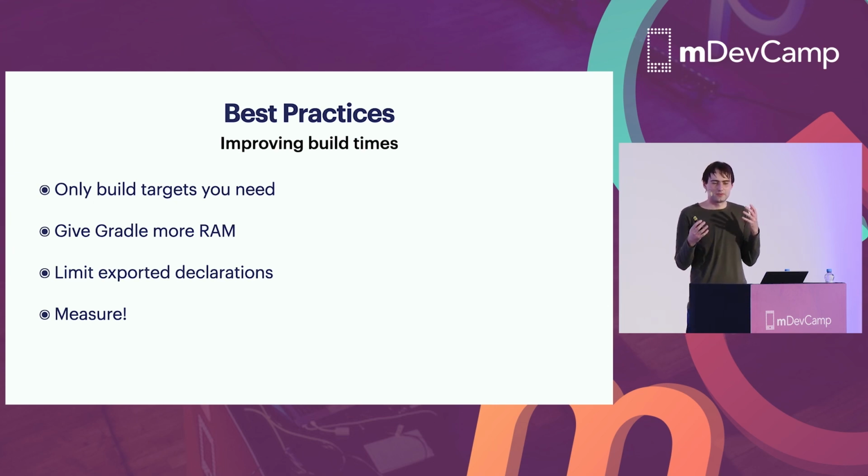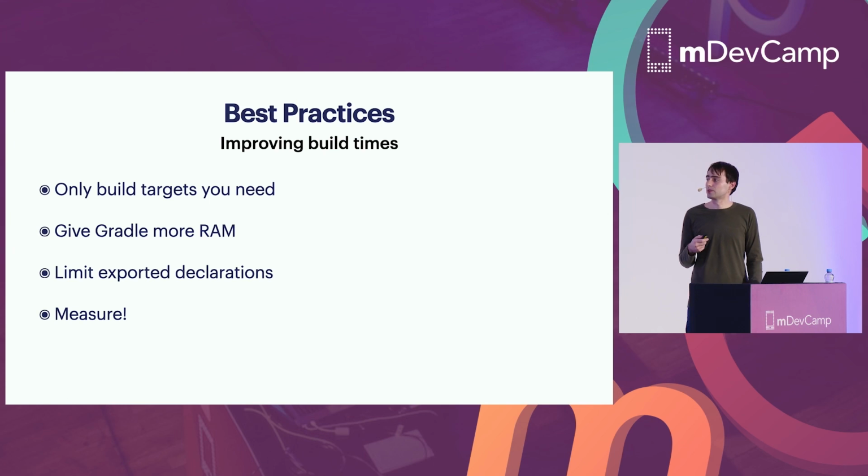If you run your tests on macOS, you again don't need a binary for the iOS side. If you misconfigure your build and build all the targets at once, you are multiplying your build time because you have to build each binary from scratch. And this is a common issue that we see over and over again, especially in CI, for example.